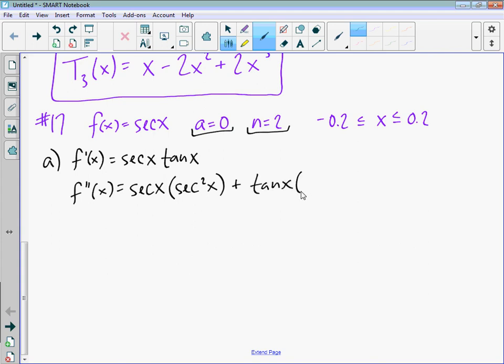And derivative of secant is, again, secant tangent. So we can clean that up a little bit. I suppose a secant comes out of everything. I don't know if this will help things, but if we take a secant out, we're left with secant squared x plus a tangent squared.